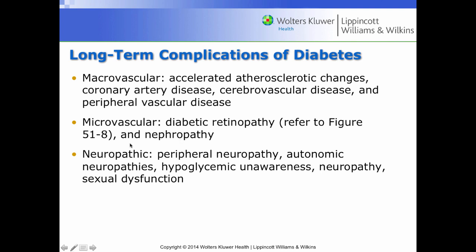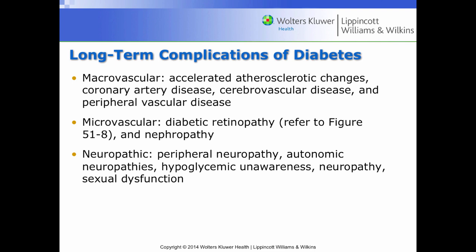Now, in terms of the effect of hyperglycemia on nervous tissue, it's extremely toxic to nervous tissue. And so what you start to see is neuropathies. So neuropathies are a damage and death of nervous tissue.